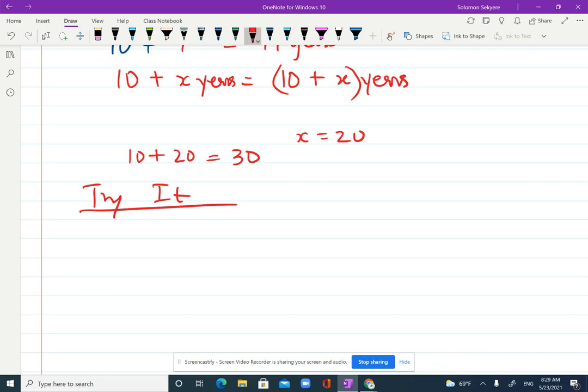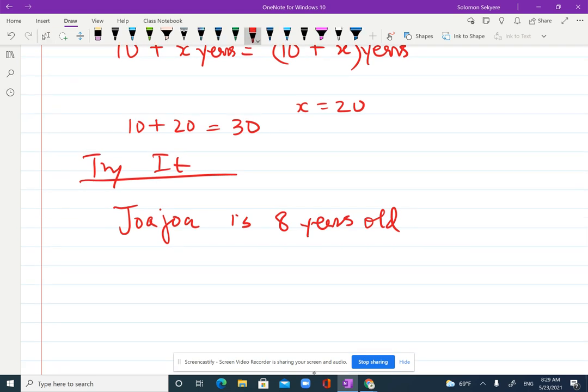Let's say Joa is 8 years old now, and that's why she cannot get on the Velocicoaster.